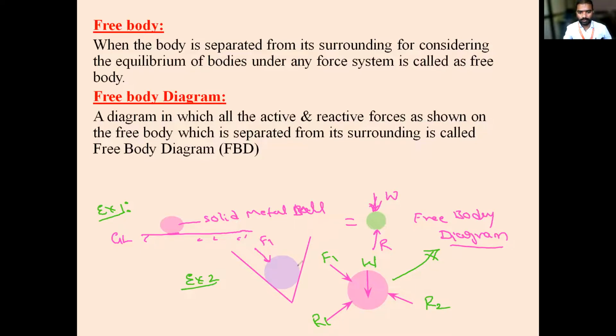So now if there is a solid body, for this there is external force F1. So these are contact surfaces. You can draw surfaces like this also. Now you are extracting this one, isolating. This is a body, weight is acting downward.